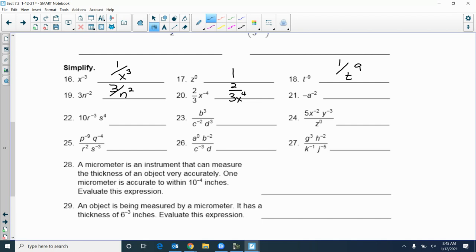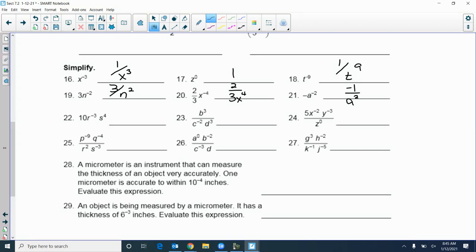All right, Morgan, what do you got for 21? Negative. That's not right. Yeah. What did you have? Maybe it's right. -1 over 8 to the 2nd. Like that? Yeah. Why is that the wrong answer? I thought because it had a negative, it's not right.